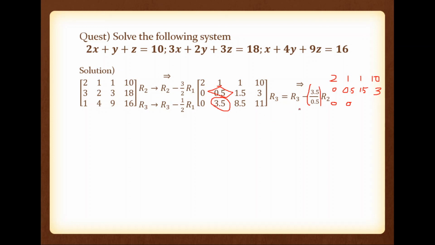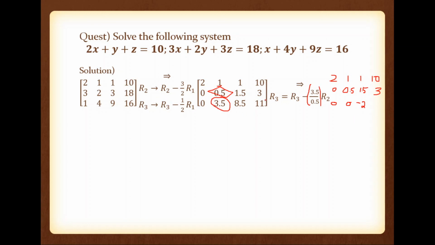So 8.5 minus 3.5 divided by 0.5 into 1.5. What is the value? That is, I think, minus 2.